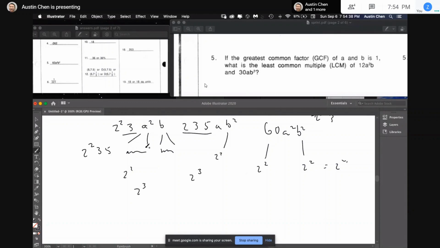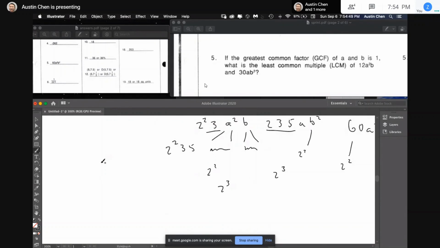If they don't contain any of the factors, we have to include all of it into our least common multiple, right? So let's go ahead and put 2 squared, 3, and 5 into our least common multiple. If you multiply that out, you'll get 60.